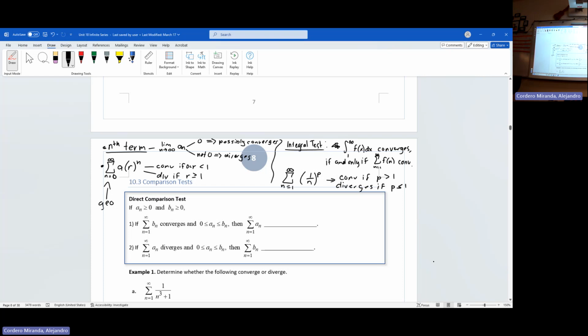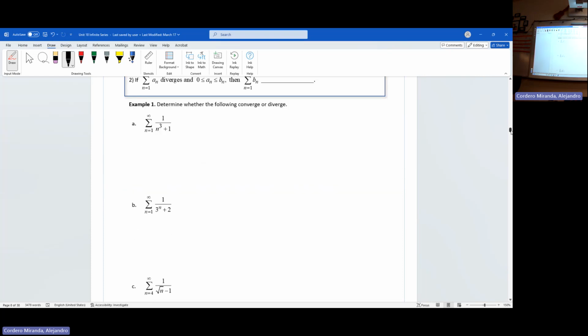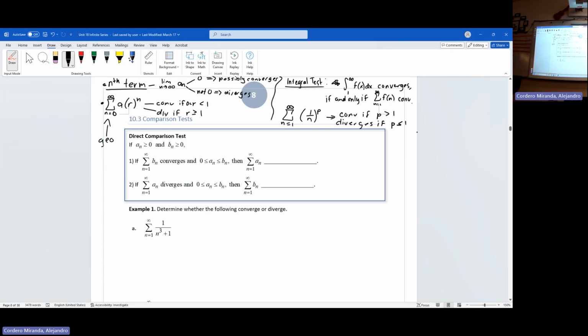All right, that's all this stuff you've learned. Keep that in your brain and now add another test called the direct comparison test. But this one is pretty intuitive. You would have thought of this yourself almost, even if I didn't teach it to you. It basically says if you get a series like this and you're trying to figure out whether it converges or diverges, then you can compare it to one that you know converges or diverges and say this is either bigger or smaller than that, so it must converge or diverge.